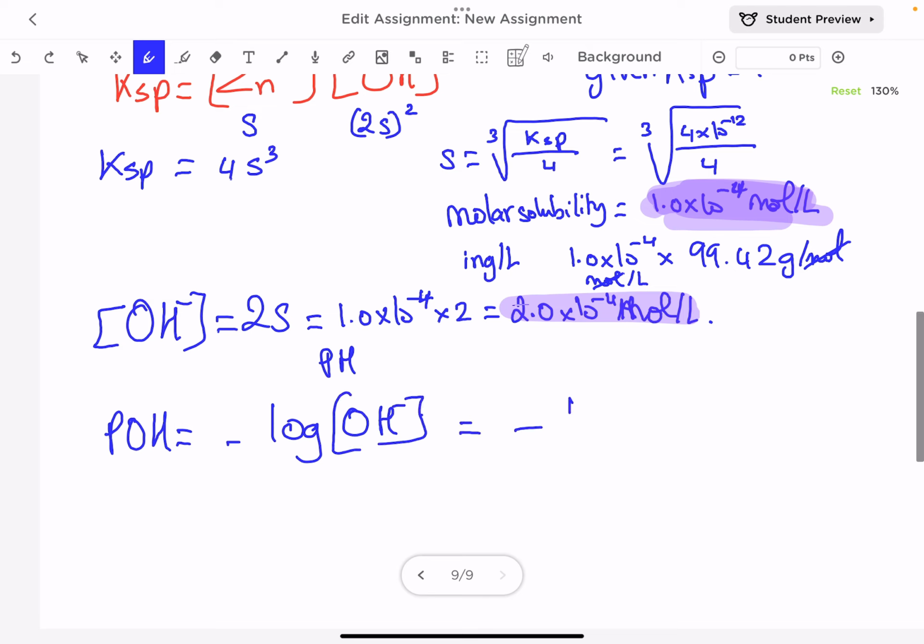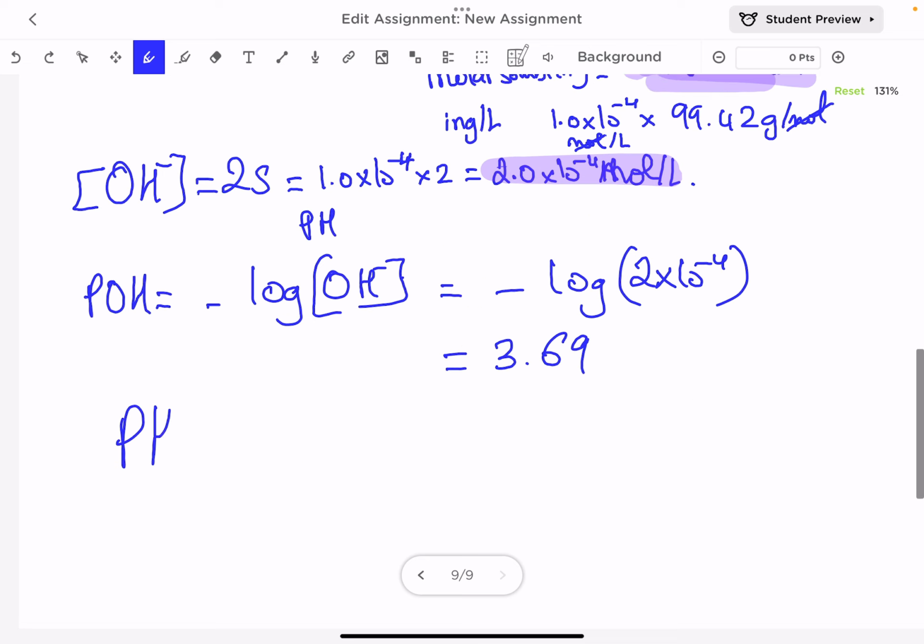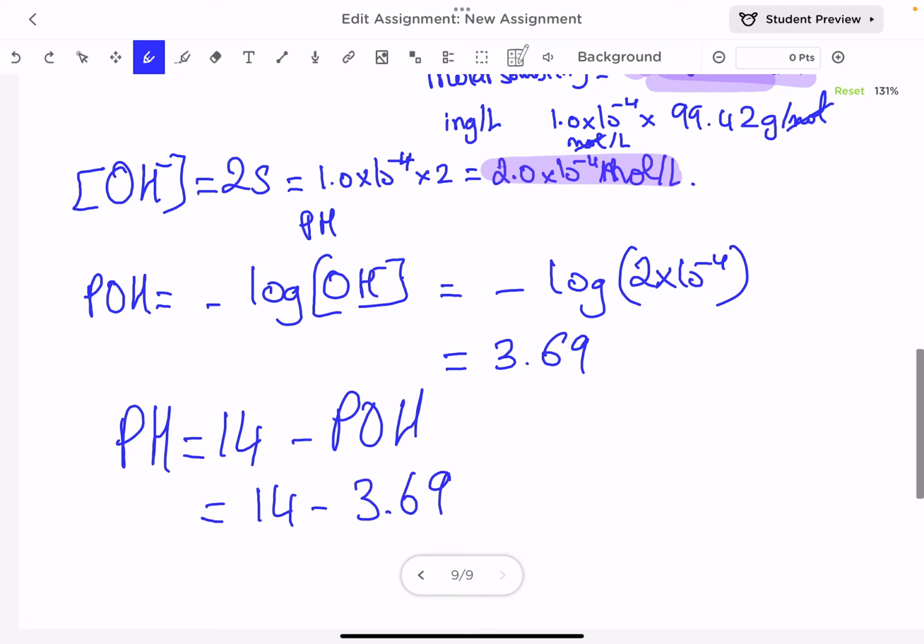So I calculate pOH as minus log of 2.0 times 10 to the power negative 4. And from the pOH, I can calculate the pH. So the pOH is going to be 3.69. And therefore, the pH is 14 minus the pOH. So it's 14 minus 3.69, and the answer is 10.3.